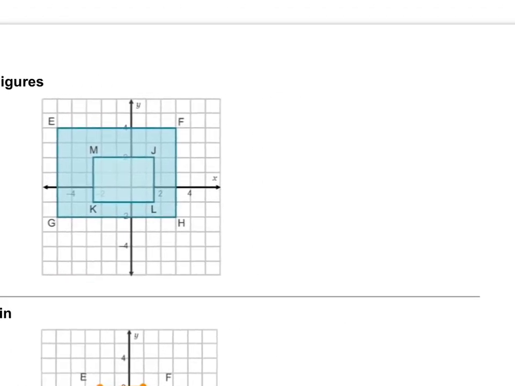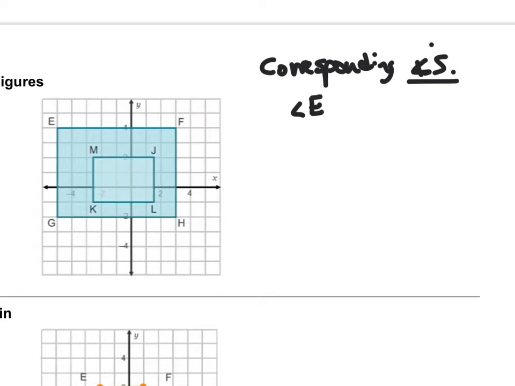So corresponding, let's talk about corresponding angles. And we know that corresponding angles are congruent. So here's what I've got: angle E corresponds with angle M. E is in the top left, M is in the top left.